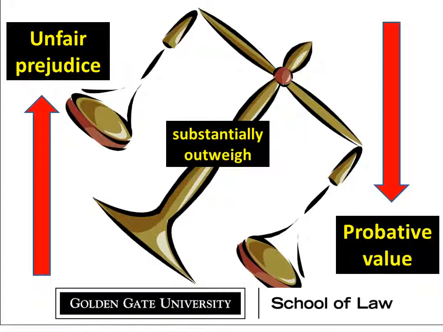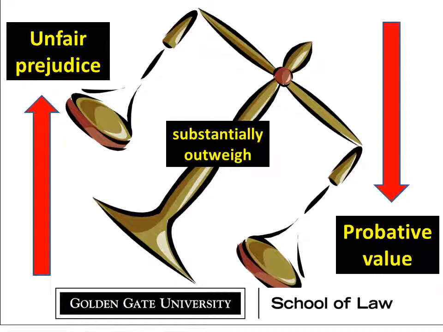The probative value actually is significant in this case, and here's what it is. So thus, it cannot be said that the scale looks like this. Unfair prejudice cannot be said to substantially outweigh probative value because I've shown the probative value is high and the unfair prejudice is low. Don't worry about arguing that the scales have to tip the other way. They don't. It only has to do with it doesn't look like this.